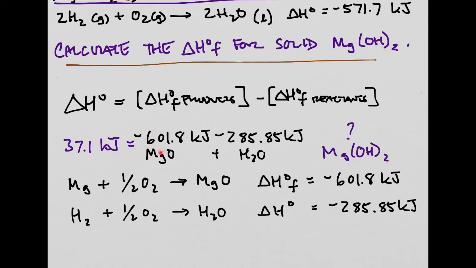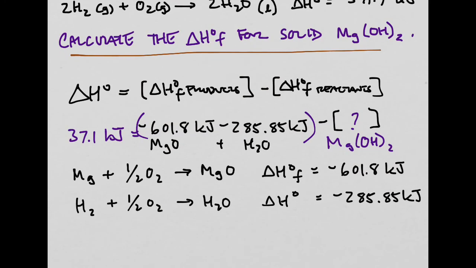So MgO's standard enthalpy of formation, water's standard enthalpy of formation, and I'm going to sum those two things together, just like we show right here. It's a sum of all the products. And I'm going to subtract away the standard enthalpy of formation for my MgOH2, which is what I'm looking for. That's my big question mark, and that's what I'm aiming towards.